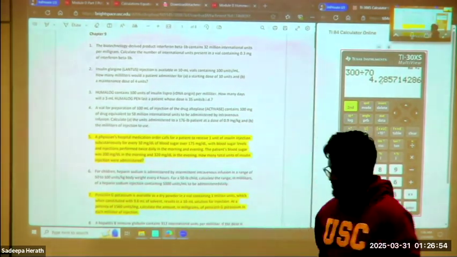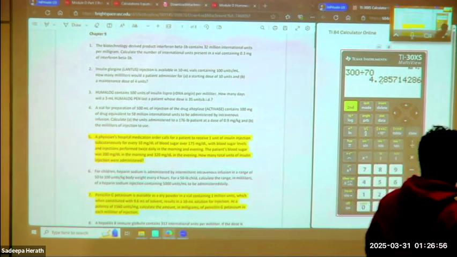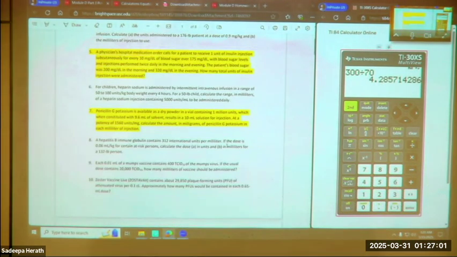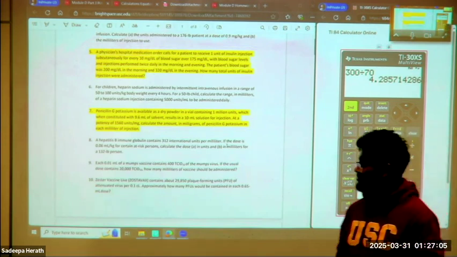Okay. Second question for this chapter, it's number 5. Number 5 was a homework problem. Let's read that paragraph.